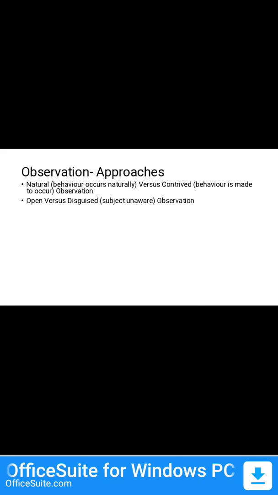So open observation is wherein the entity which is being observed, and henceforth we are going to use the term subject, the subject which is being observed, knows that he is being observed. But now this will create a problem. The behavior that the subject will display would not be natural because he knows that he is being observed. So what will I do? I'll go for a disguised observation wherein the subject is unaware that he is being observed.